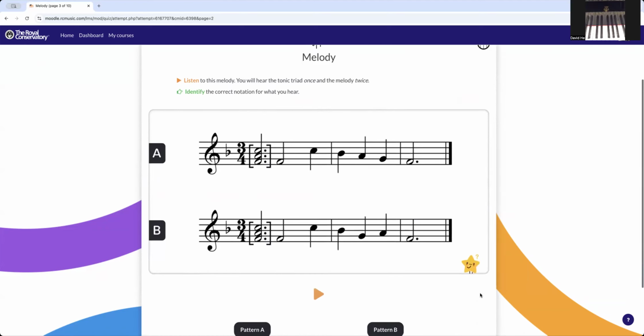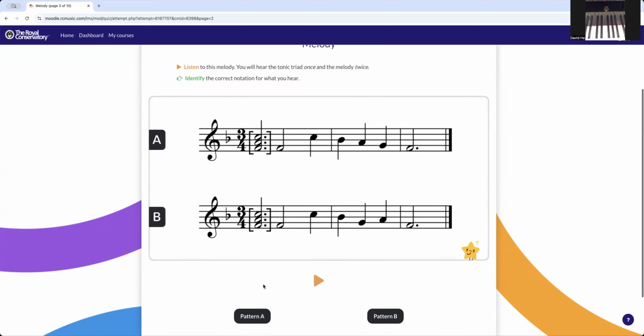Let's do a quick one. Listen to this one, and then we're going to move to the next level. Which one is that? Answer this question, everybody. The different part is whether this one is going down or going down and up. Let's listen to that again.